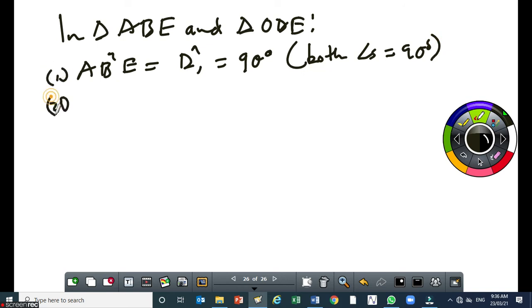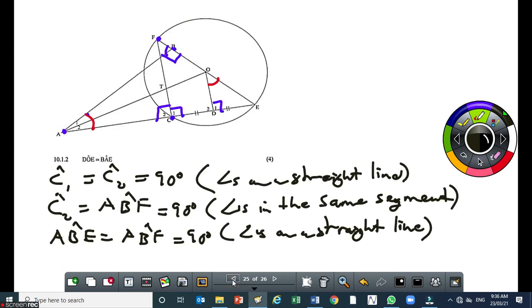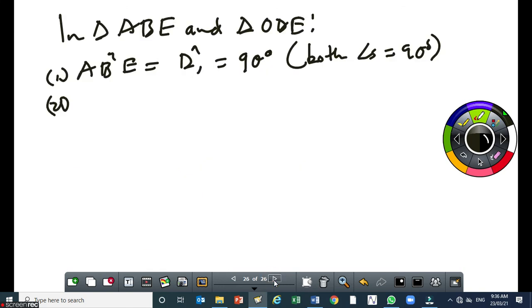Number two, I'll say angle E is common. Okay? So angle E is common. Right?